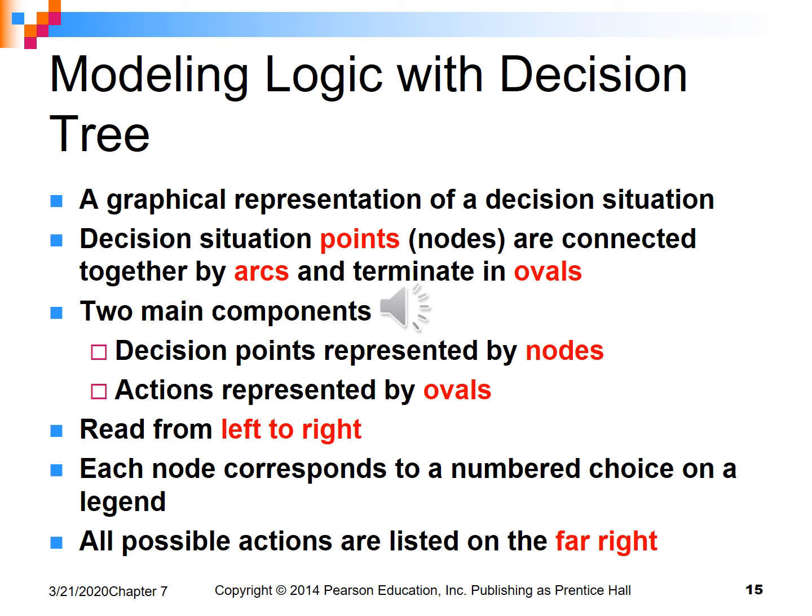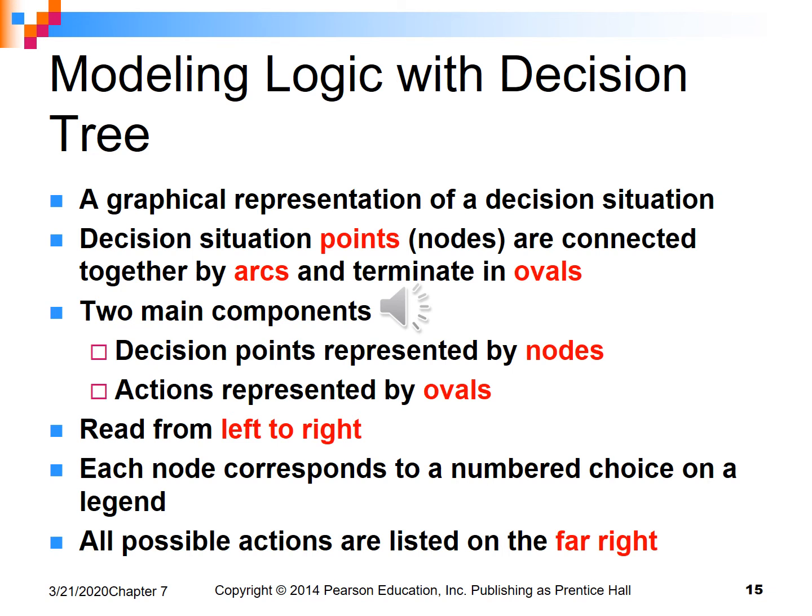There are two main components: decision points represented by nodes and actions represented by ovals. It's usually read from left to right. The root is really on the left and then we go to the right.